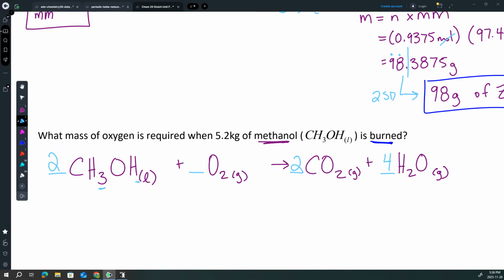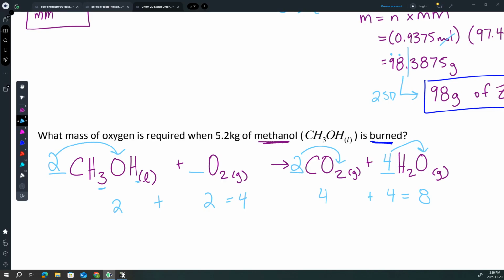And let's see what happened to our oxygens. So for oxygens, we have 2 coming from methanol, and then 2 coming from the oxygen. So we got 4 oxygens on the reactant side, and we have 2 times 2, so we got 4, plus 4 times 1, that's 4.